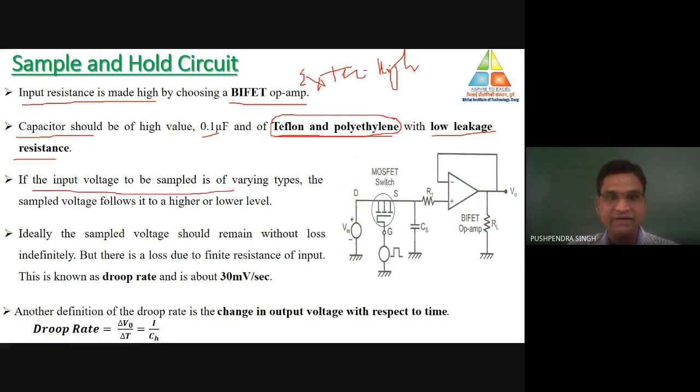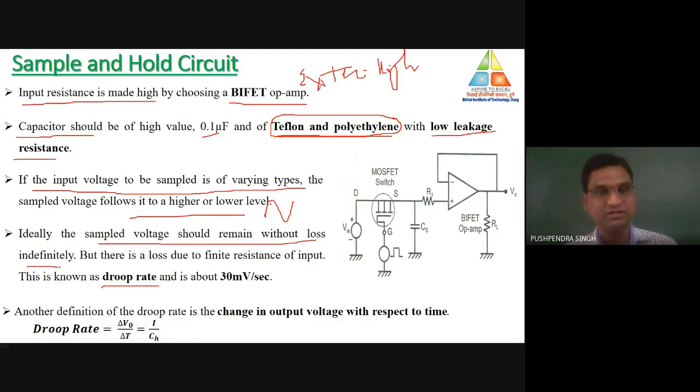And it's simple that if the input voltage is varying, the sampled voltage will also have slopes, low and high. One important parameter is the droop rate, and that droop rate is related to this leakage. Ideally, the sampled voltage should remain without loss. Whatever the sampled voltage is, there should not be any kind of loss.